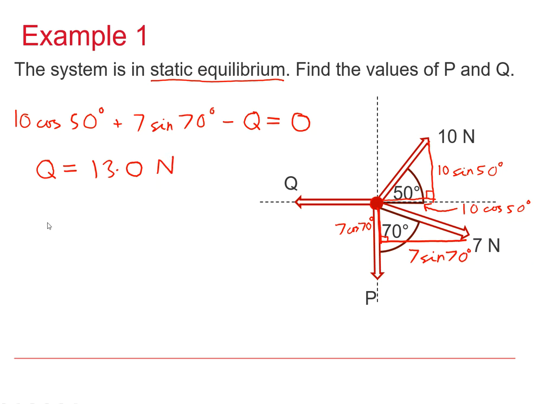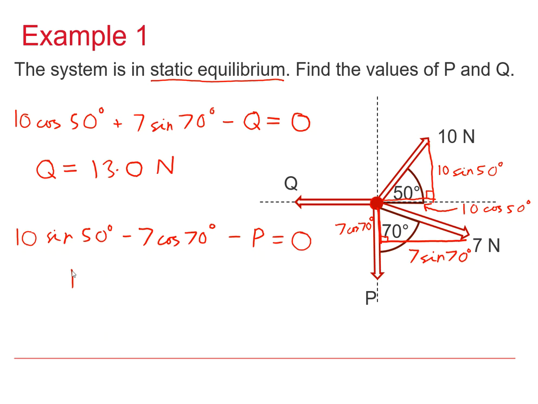In the vertical direction, we'll define up as being positive, so we can say we've got 10 sine 50 newtons, and then remember the 7 cos 70 is acting downwards, so we have minus 7 cos 70, and we have minus P, and again they must equal 0 as well.